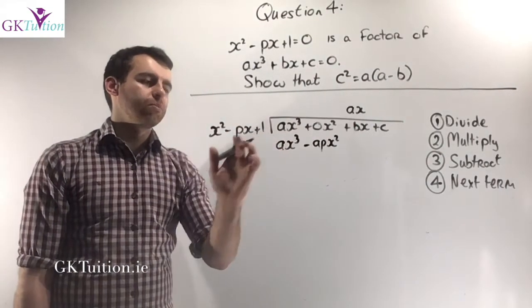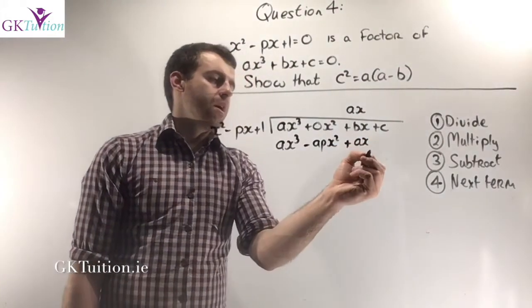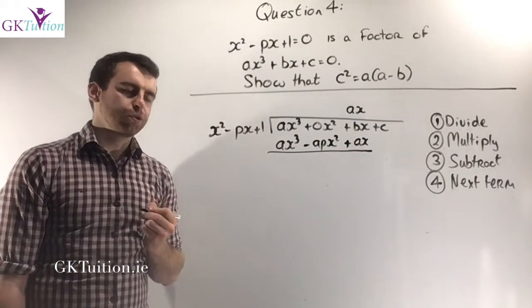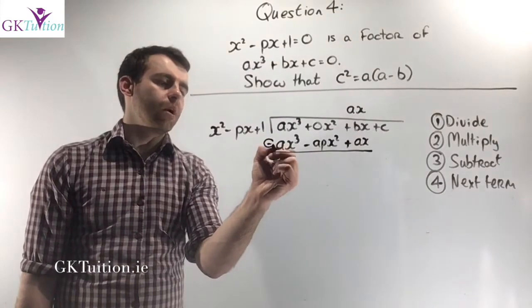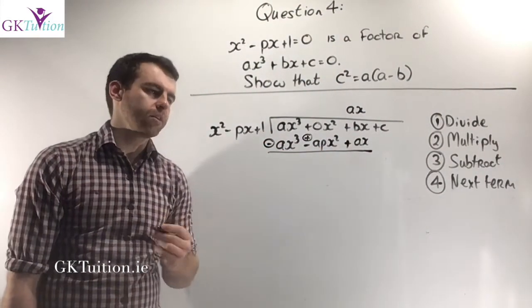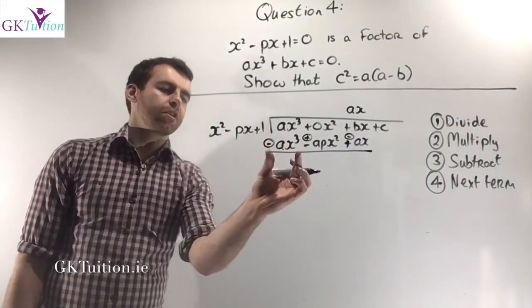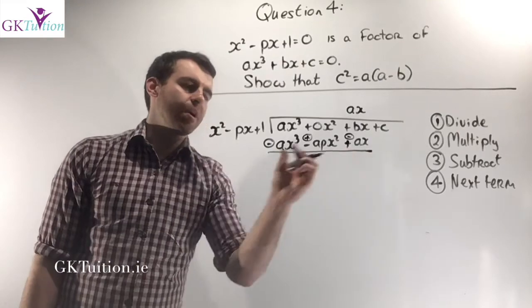While ax multiplied by 1 simply gives me ax. Now I'm going to change my signs and subtract, which means that this becomes a minus ax cubed, this becomes a plus apx squared, and this becomes a minus ax. I'm now just going to look at my x cubes, then my x squareds, and then my x's.